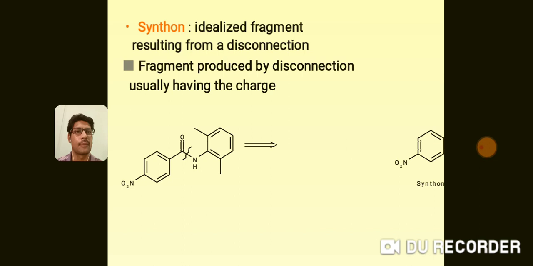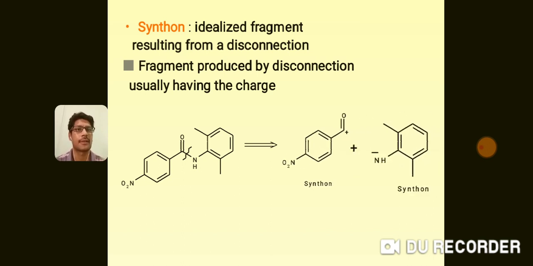Synthons are very important, because in this step, to break the amide we get two synthons: one has a positive charge, another has a negative charge. The carbonyl carbon is positively charged, whereas the nitrogen of the amine has a negative charge.